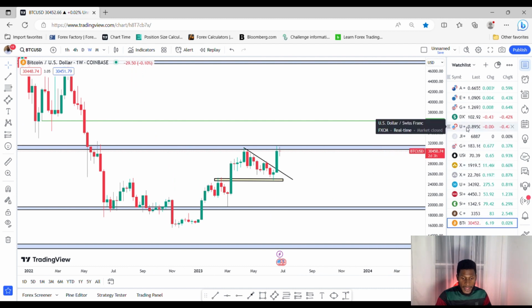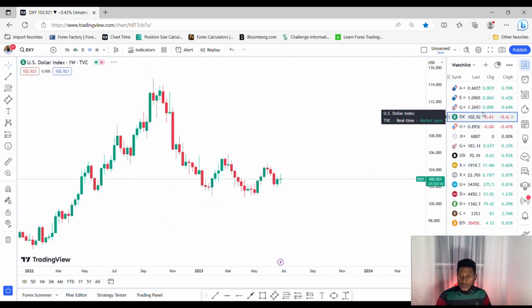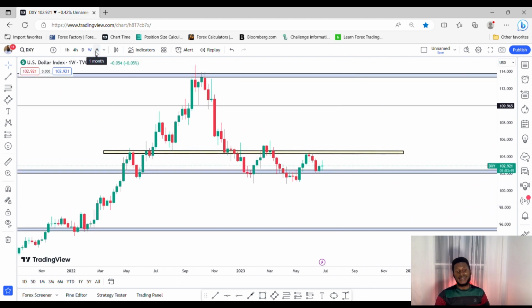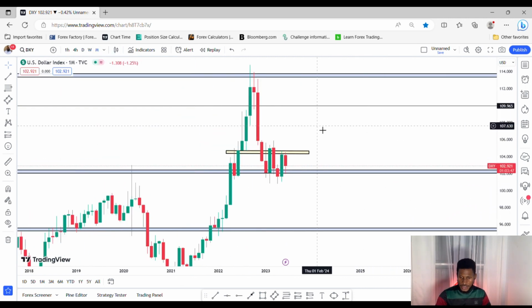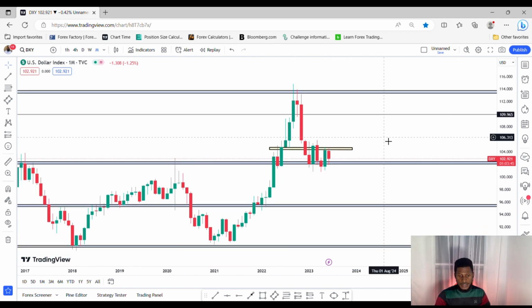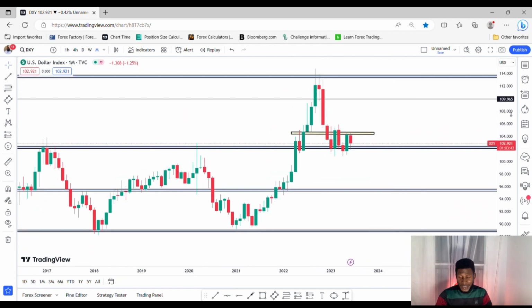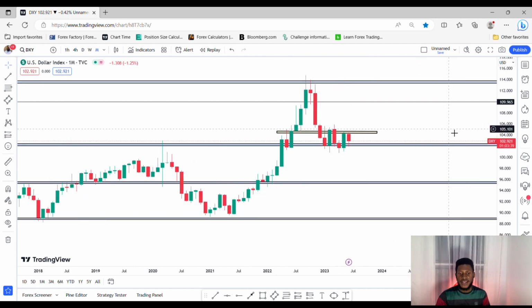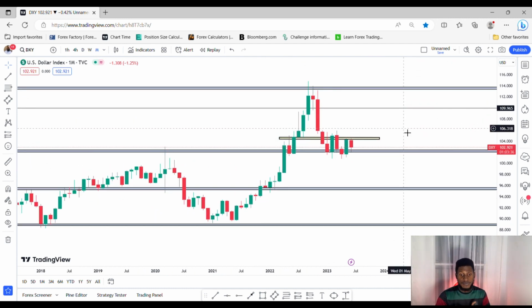The next pair I am going to analyze right now is the dollar index. So basically, the dollar index has been ranging, and the truth is, the top-down analysis is just a strategy that would make any trader identify that the dollar index has just been ranging.